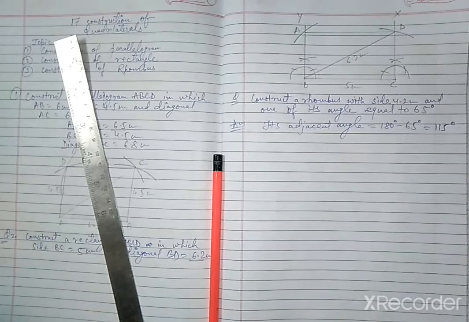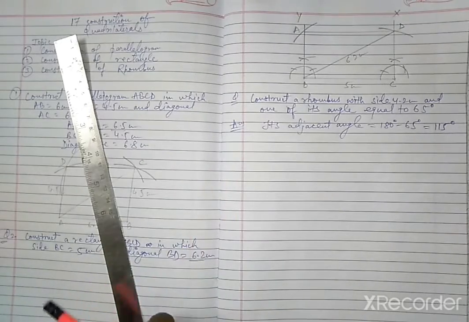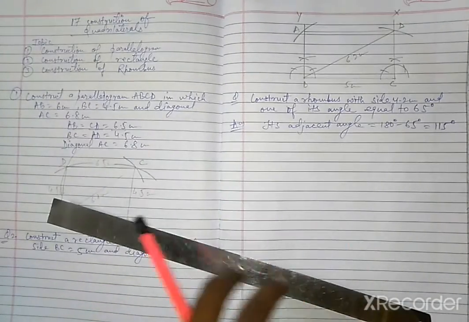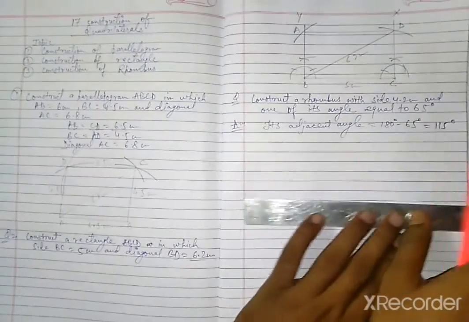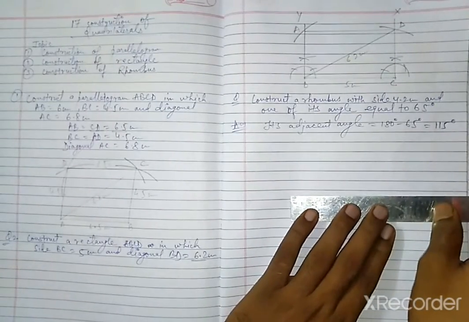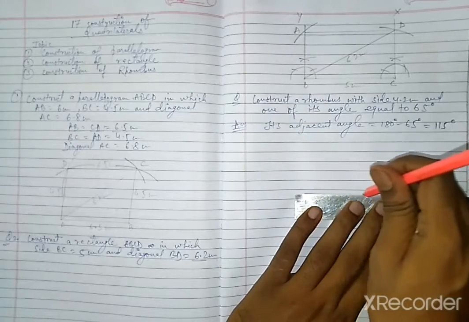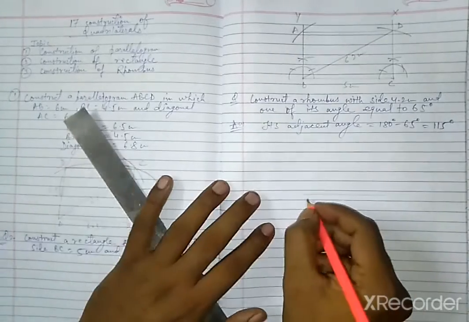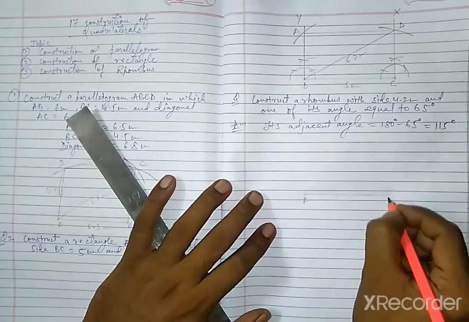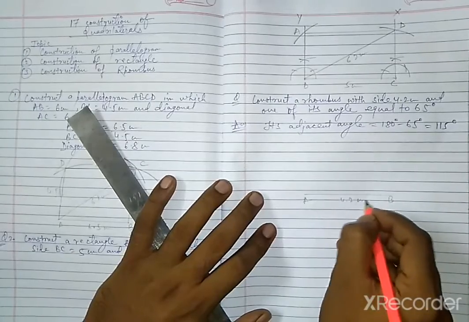So let's draw a rhombus with a side of 4.2 centimeter. As we all know, in a rhombus all the sides are equal. So first of all we will draw a base that is 4.2 centimeter. I have drawn a base, let's say it is AB, which is 4.2 centimeter.